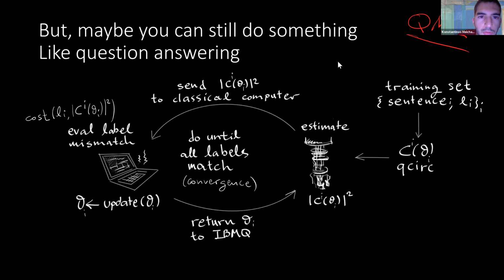So let me go to the NLP part, which is basically this loop here. We would get a bunch of sentences in a training set, sentences with some index i and some label Li for every sentence. This label, in the implementation we did, is a binary 0-1 label.